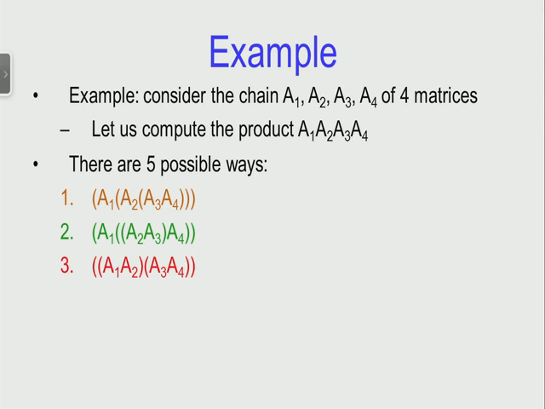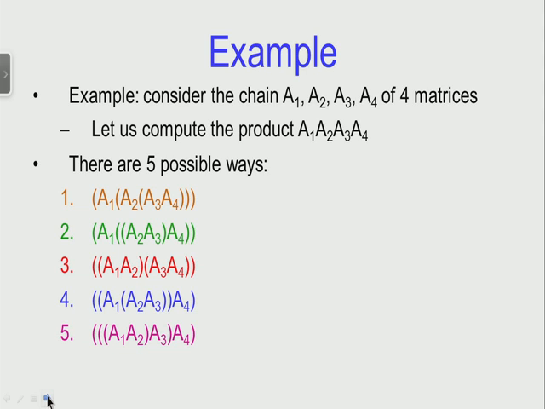Therefore, the expression involving the product A1 A2 is evaluated first, then the expression involving the product A3 A4 is evaluated, then the 2 results are multiplied, and this is given as a result of the matrix product of the 4 matrices. The following 2 are symmetric to the second and first respectively, and the explanation is similar.